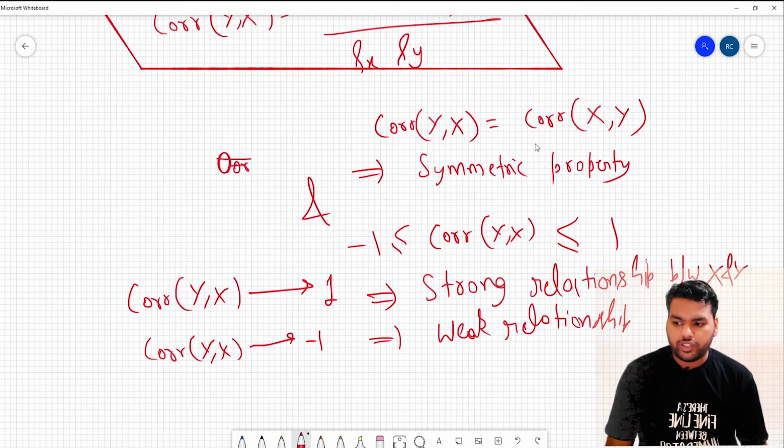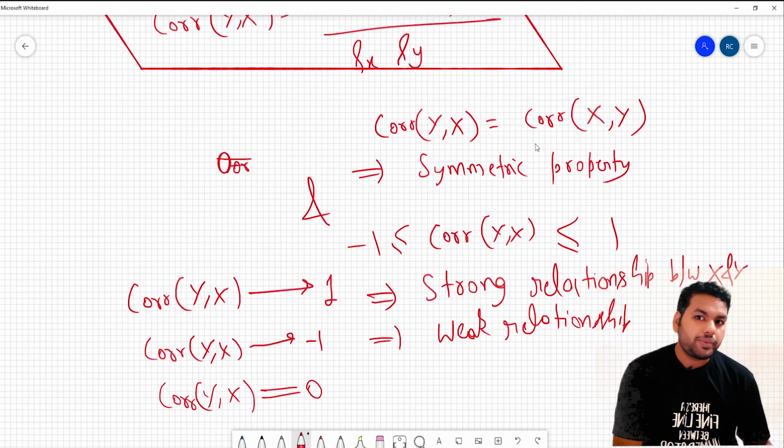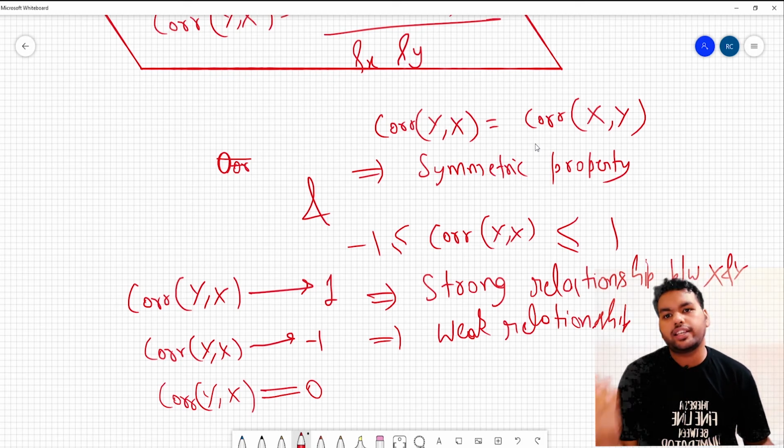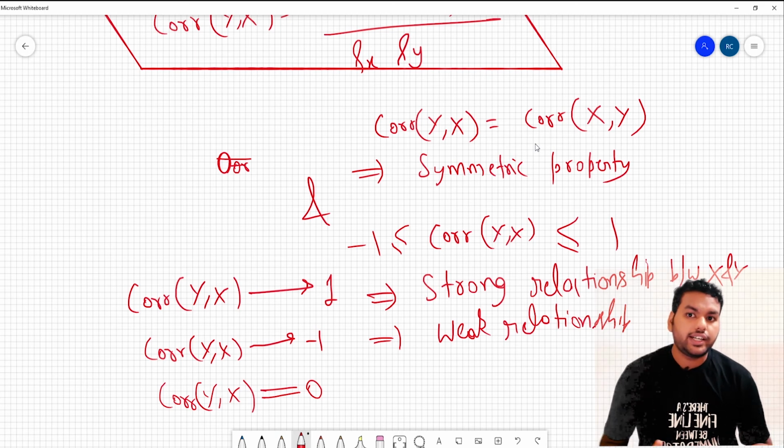What will happen when the correlation between y and x is 0? You are not going to say that x and y are independent in this case. No, they can be dependent on each other, but not necessarily linearly dependent. If the correlation is 0, we can't comment that the random variables x and y are independent.